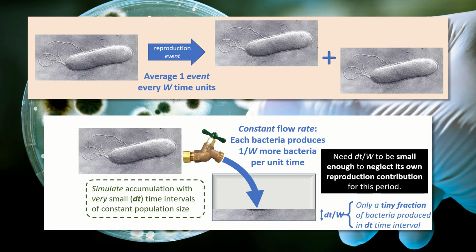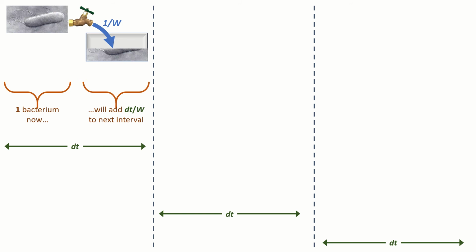But every second, you probably can get away with saying, well, if somebody does get born this second, they probably won't get born next second, so I can spread that thing out over a day. But if I go to like a year, if I assume that everyone born in 1 year doesn't get a chance to add to the population until the next year, then I might be missing out on important dynamics. So you have to look for the fastest thing that happens in your system and make this DT faster than that. And this will become more concrete as we go on.